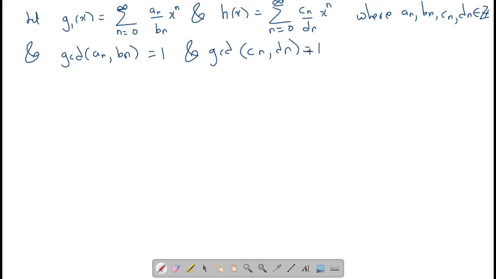So we can cancel out all common factors and make it 1. There is no problem in assuming this.